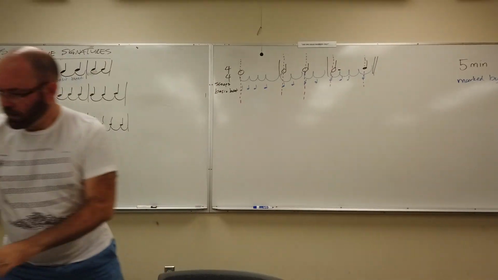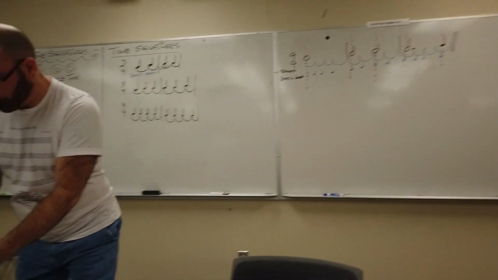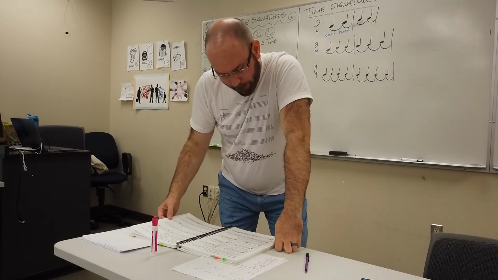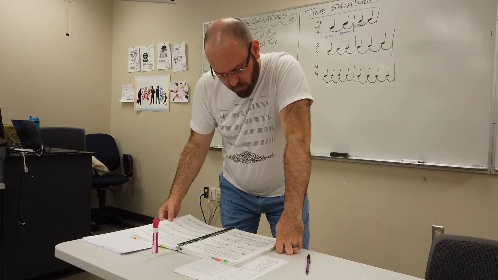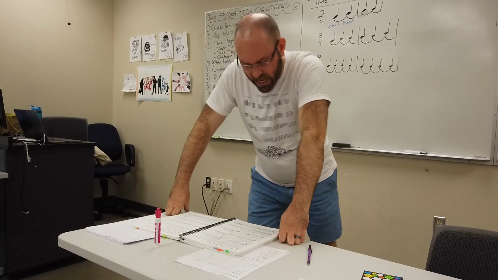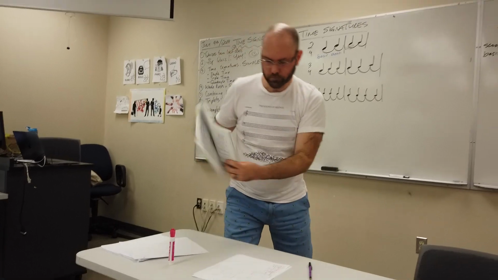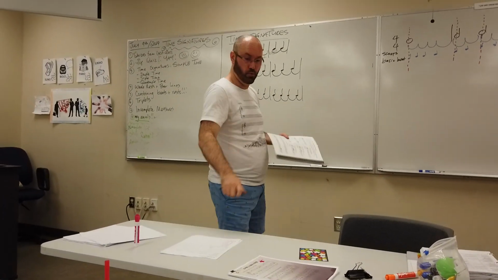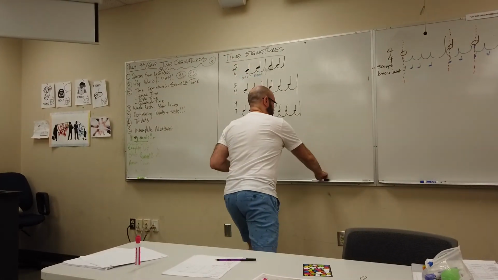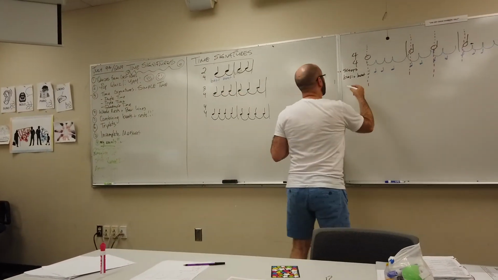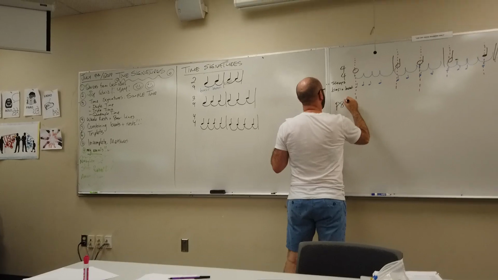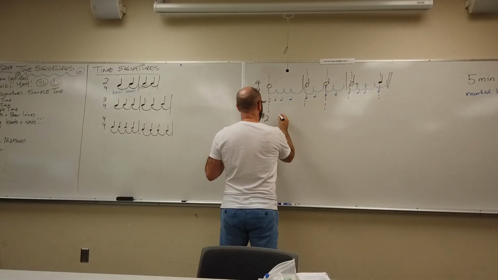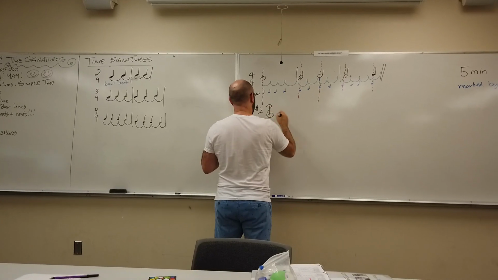So in the book, they're going to get you to do, for example, everybody turn to page 88 and look at question number 2. So, page 88, number 2. This is what they've given you.